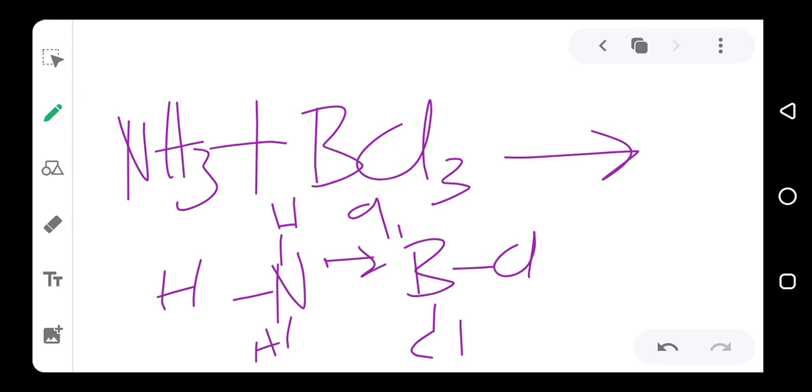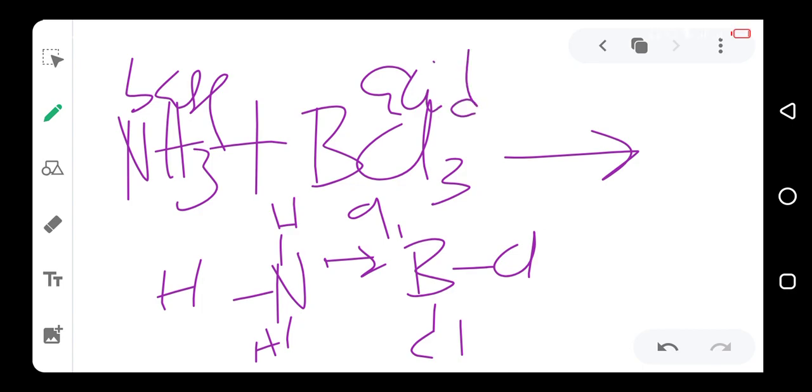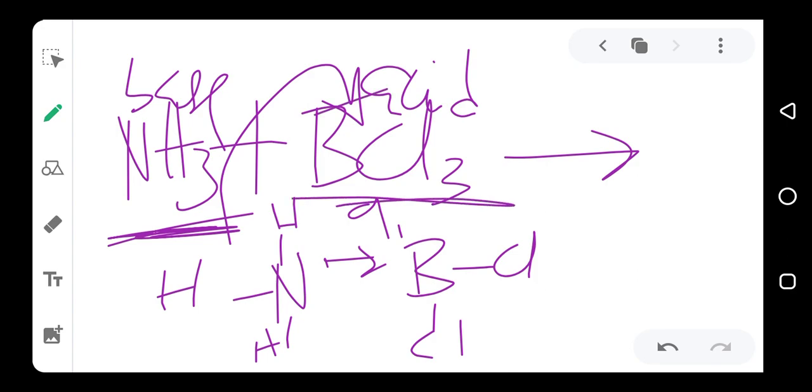Now this is acting as a base while this is acting as an acid, which means that this one has excess electron that is donating to this. Now this accepted electron for the compound to become this. So this is a base, and this is an acid.